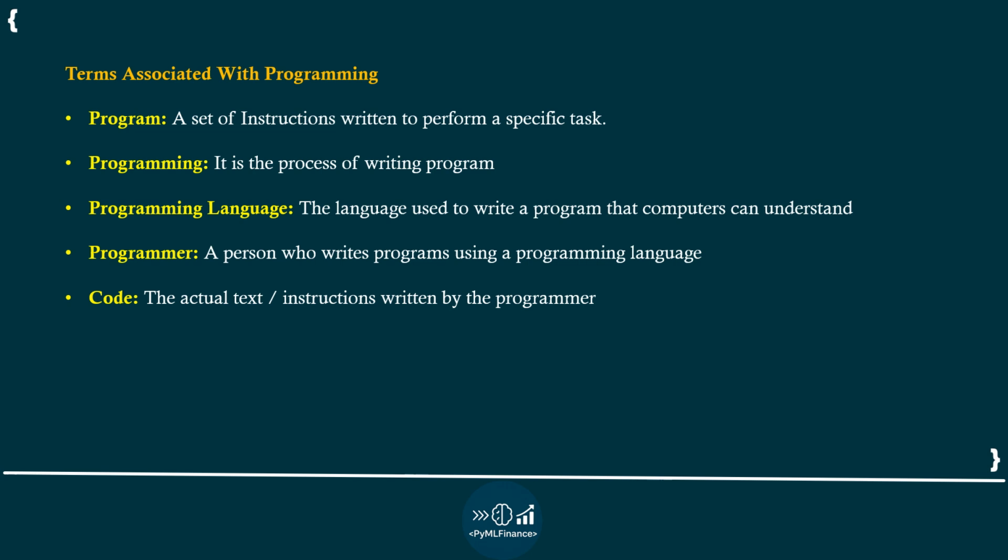Now I will be discussing a few terms associated with programming. The very first is program. It is a set of instructions that is written to perform a specific task, which we have already discussed. Next is programming. Programming is the process of writing programs. A programming language is the one which we use to write a program.